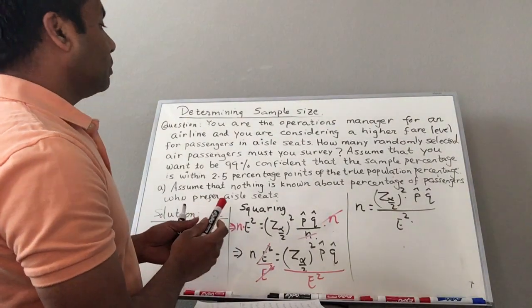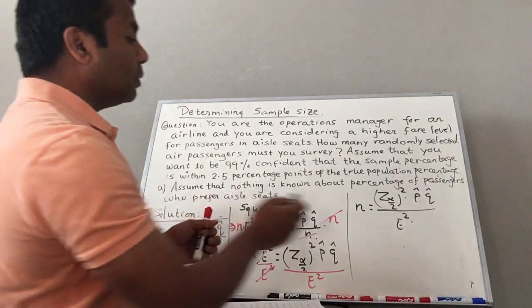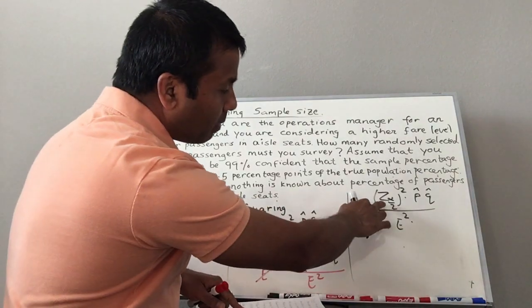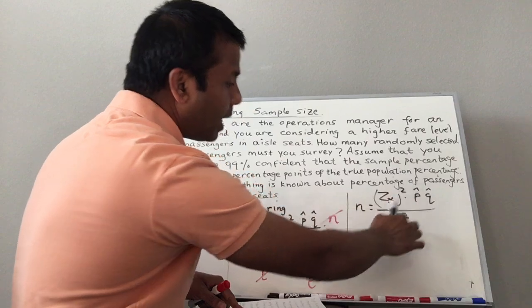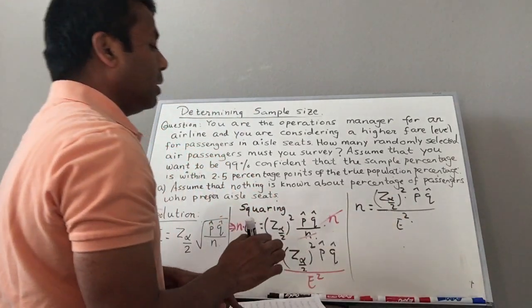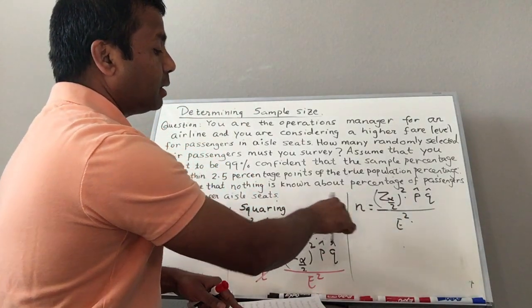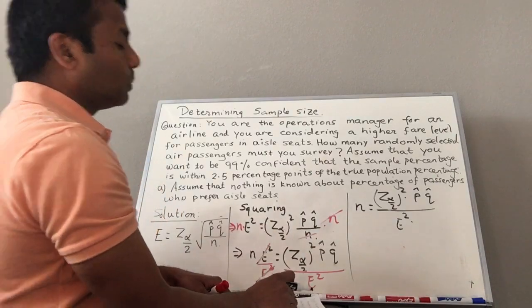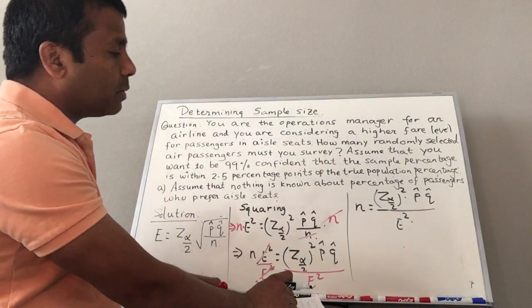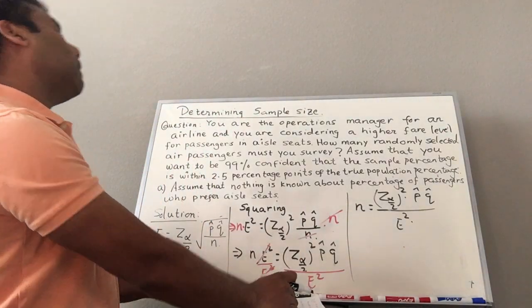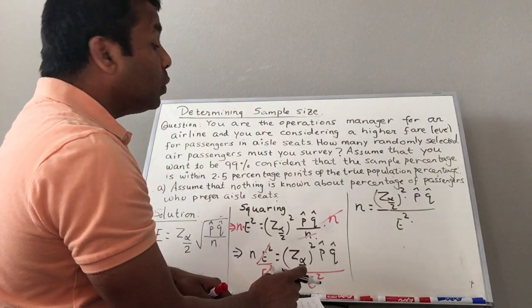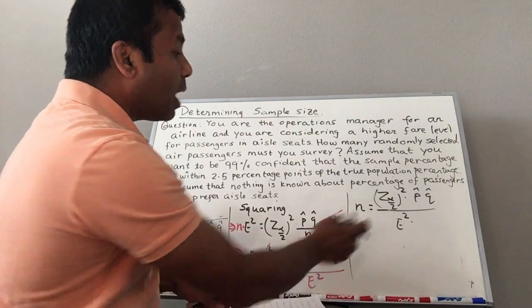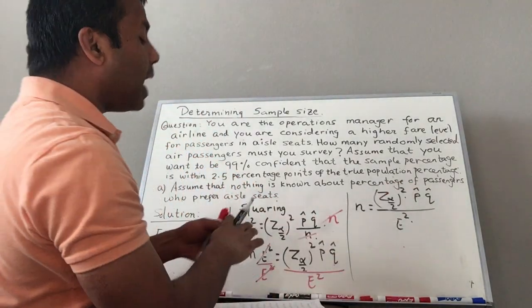So if you know the value of z alpha over 2, p hat, q hat, and the margin of error, then you can find the sample size. Sometimes you may not know p hat and q hat.